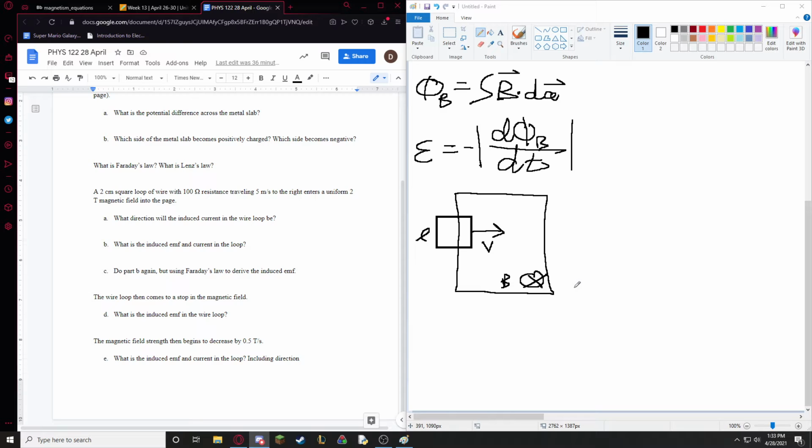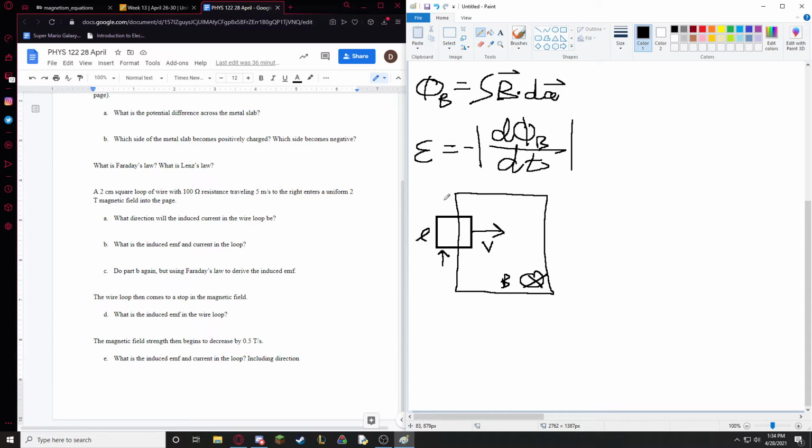Exactly. Let's start with the left one. What happens with the left one? It is outside of the magnetic field, so no EMF. I would zero out right there.